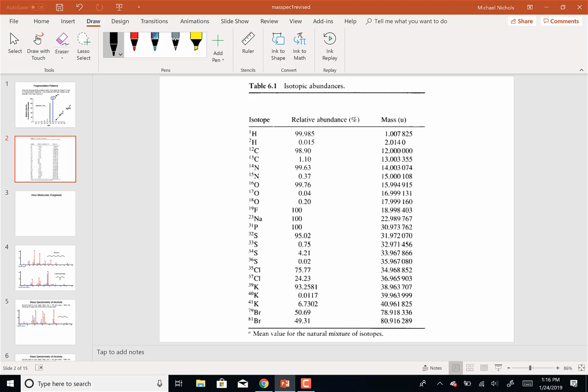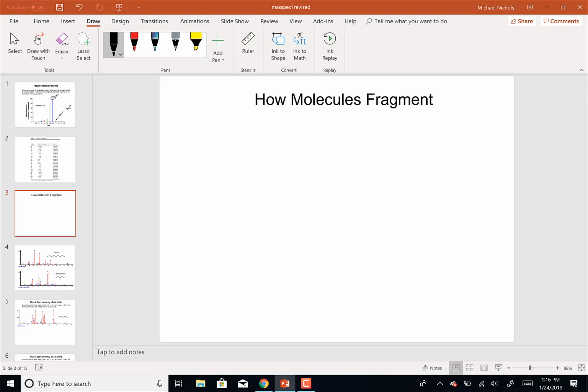All right, so how do molecules fragment? Let's say I have a molecule AB.